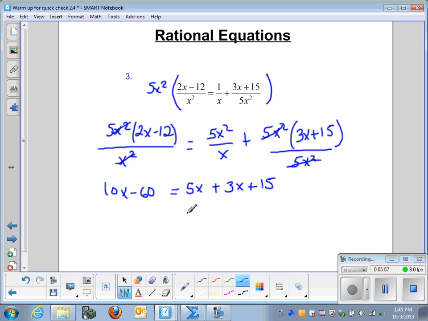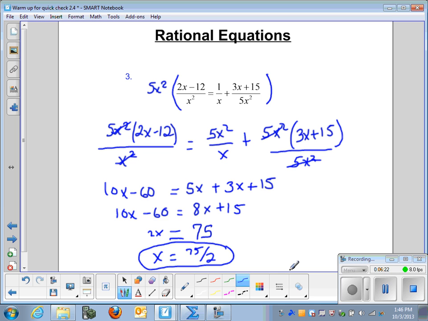So now I've simplified, and now I'll solve. So x is equal to 75 halves. Find the least common denominator, multiply each term, simplify, and solve.